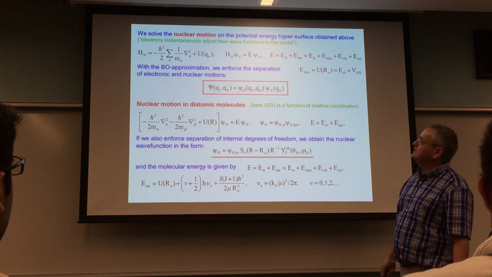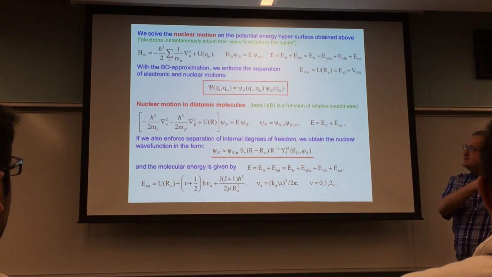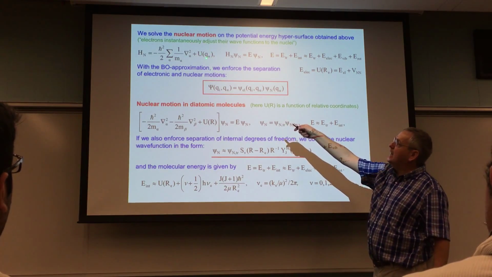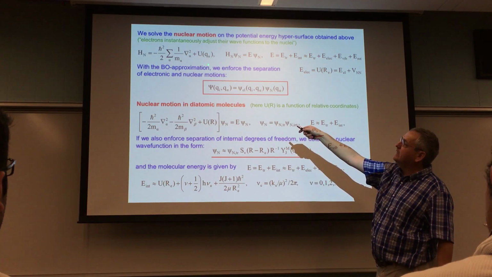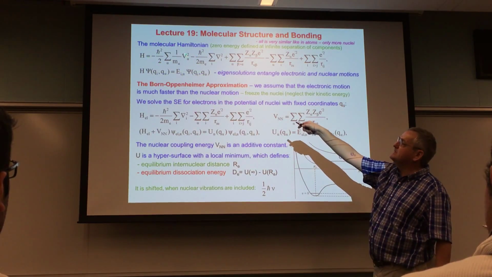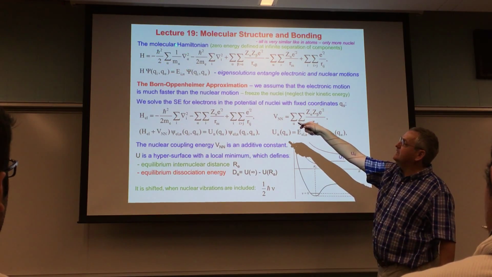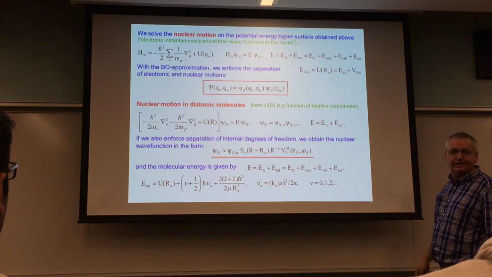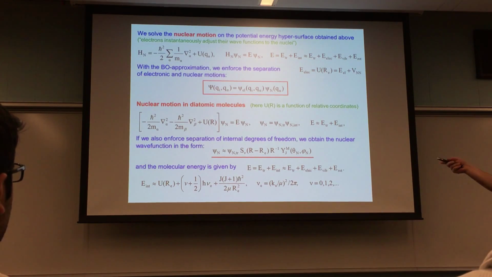So then once I calculate the potential energy surface for different distances of the nuclei, I can use it like a potential energy in the problem of the nuclei themselves. So I take the kinetic energy of the nuclei, this potential energy, and solve this nuclear Hamiltonian, and then it is essentially like a one particle problem or several particle problem of nuclei moving in this.